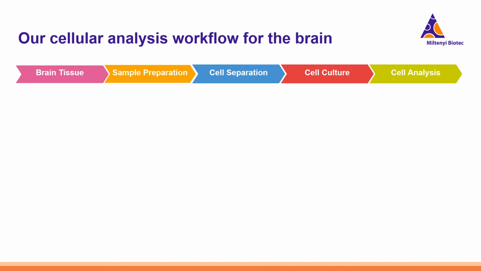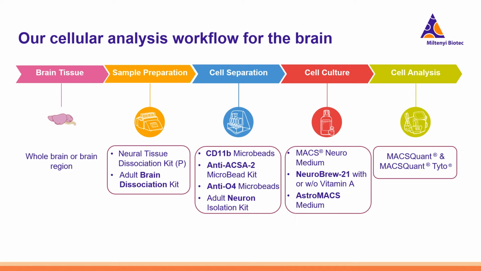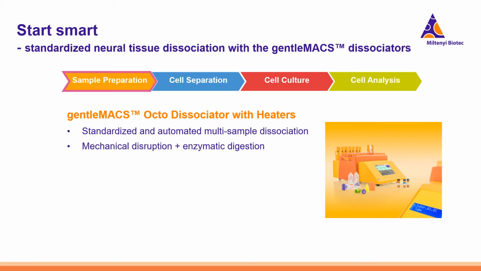This workflow goes from sample preparation over to cell separation and can be followed by cell cultivation or analysis. Depending on the age of the animal, we recommend the Neural Tissue Dissociation Kit for neonatal samples or our Adult Brain Dissociation Kit for the adult brain. And we have more products for cell isolation and analysis that I will present to you in the following slides.